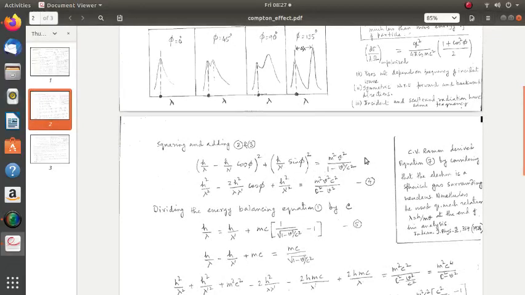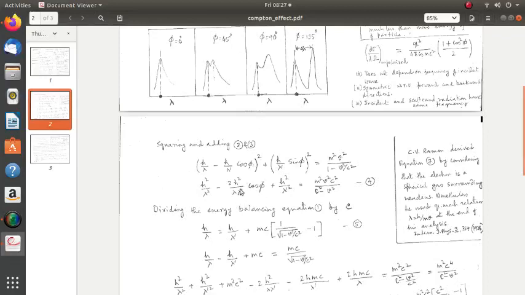We have gotten rid of the theta here, but we could not get rid of phi, because in this whole square, in the cross term, the phi survives, and that is the phi that will survive till the last step of Compton scattering, that is the interference term of h by lambda and h by lambda dash cos phi.